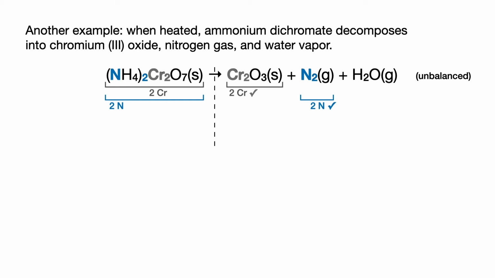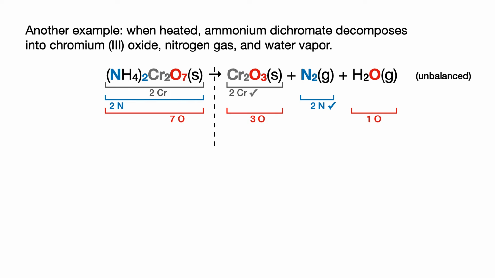So far, so good. Now, when we turn to look at oxygen, though, we've got 7 oxygen atoms on the left. And oxygen appears in 2 places on the right. In the chromium 3 oxide, we've got 3 oxygen atoms. And in the water vapor, we have another oxygen atom.